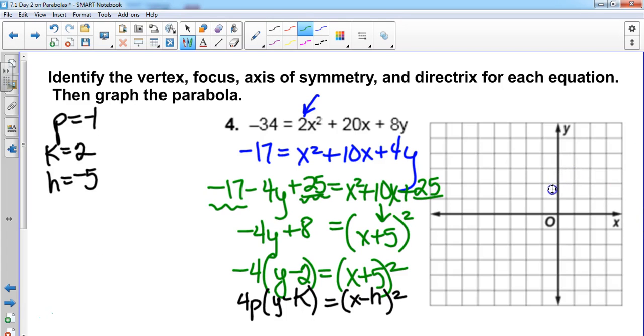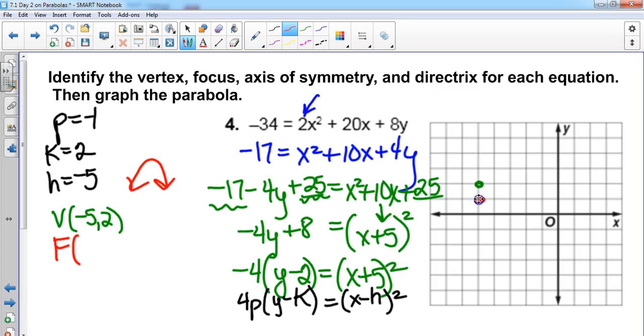All right, so where's the vertex? And the focus is 1 unit. Which way is this opening? It's an x squared with a negative, so it's opening down, okay?